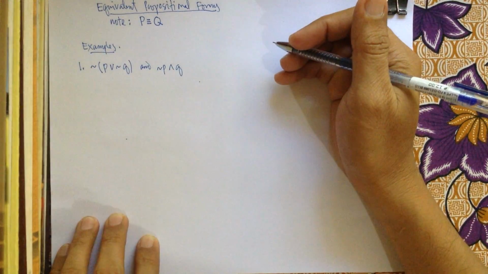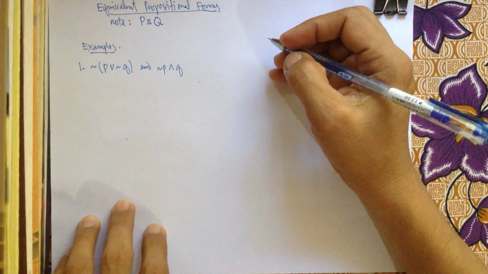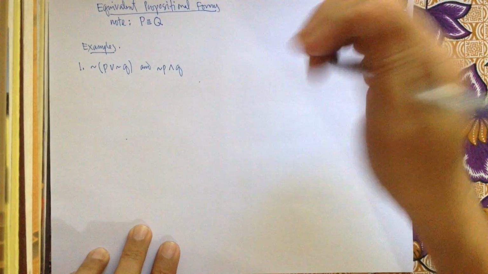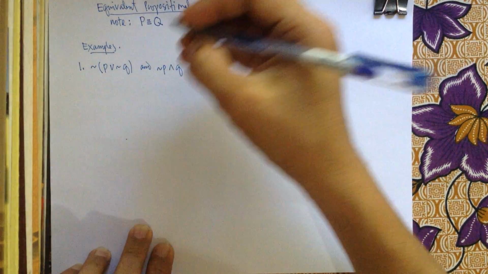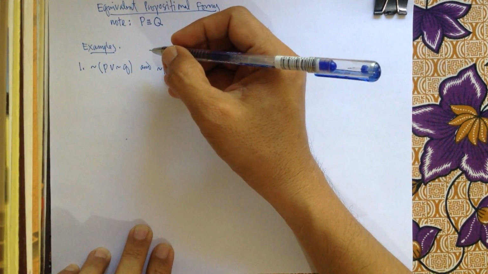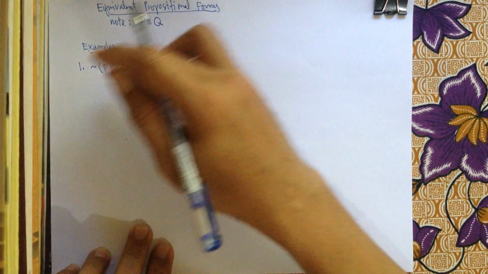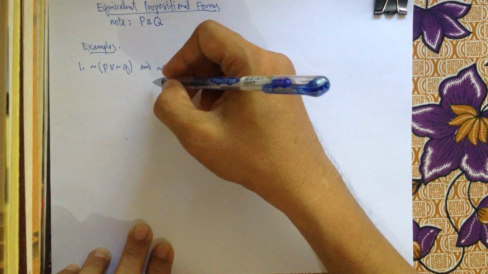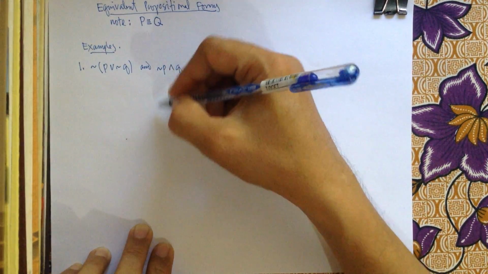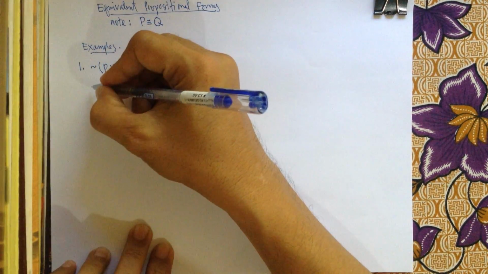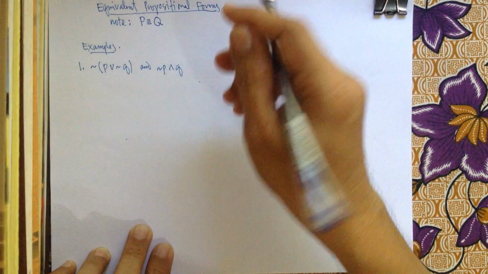Again, by constructing the truth table. We can choose to construct the truth table of these two statements separately, but what I'm going to do here is to construct only one table for both of them. We'll just separate them by a column. So let's construct the truth table now.